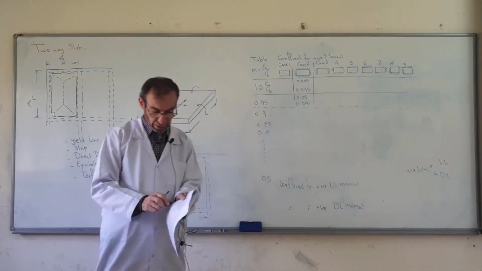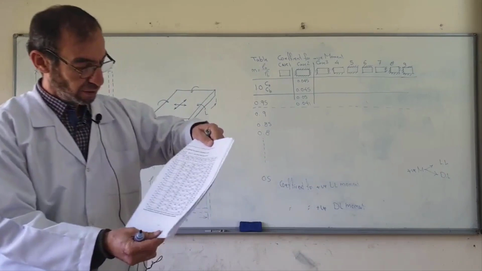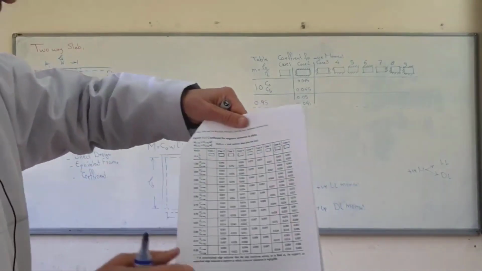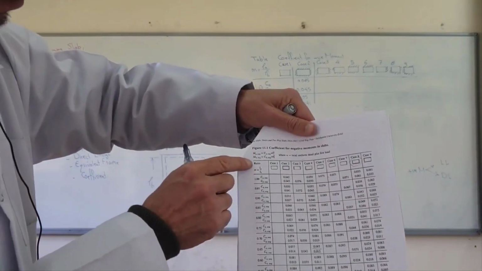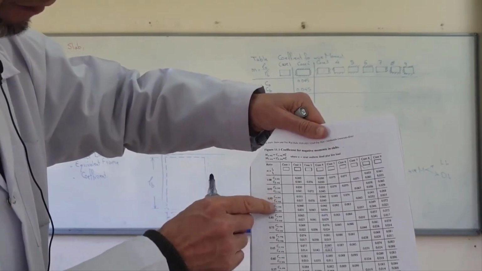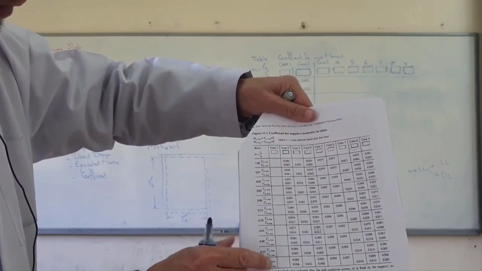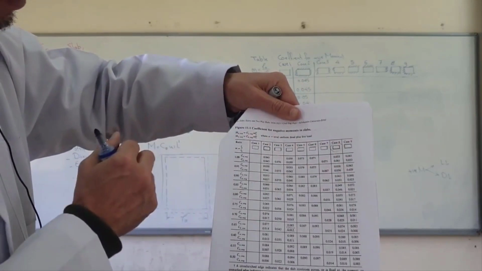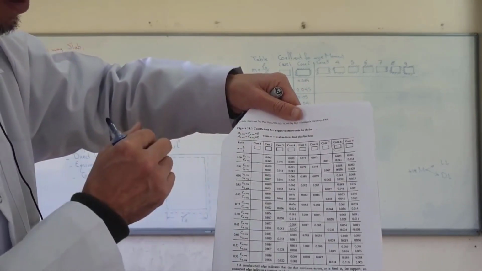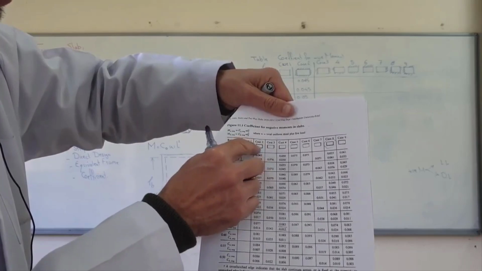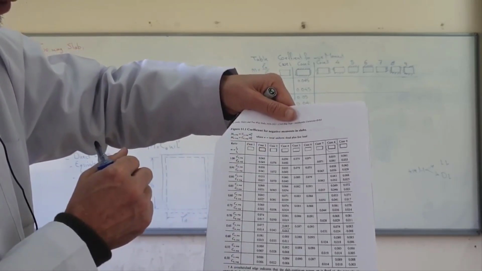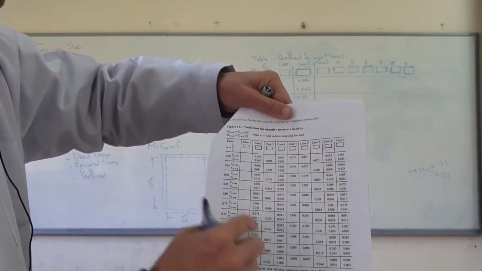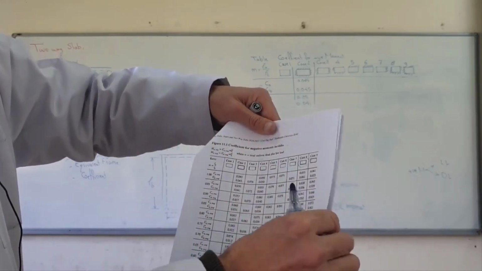For example, I show you the tables. This is m, LA over LB, and this is the supporting case or continuous case. This is simply supported on 4 sides, or this is continuous on 4 sides. These are the coefficients. This is just for negative moment.